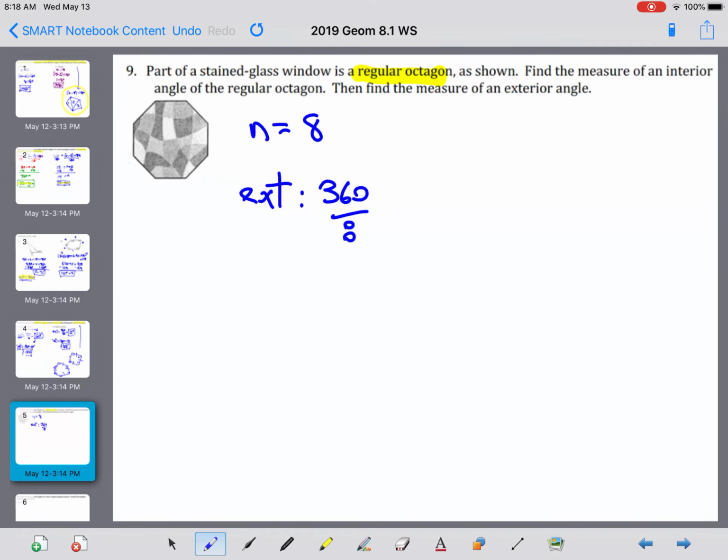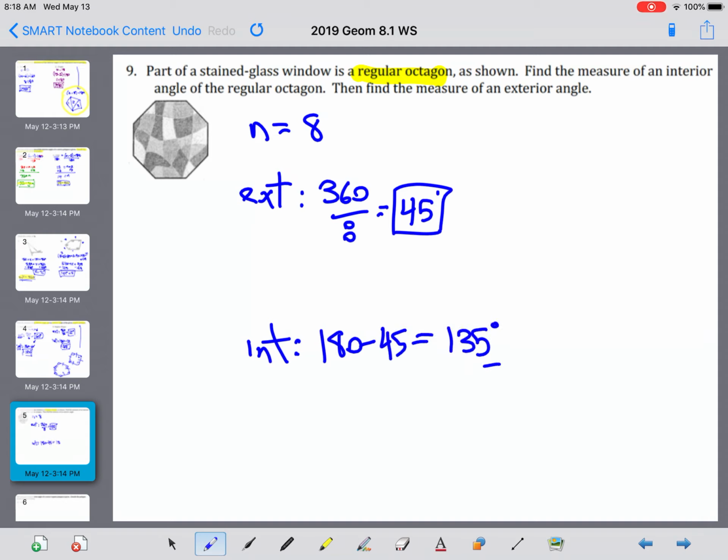Half, half, half is going to be 45 degrees. The interior is going to be 180 minus the 45, and that's going to equal 135. So again, this is a slick little way to do the interior-exterior question.